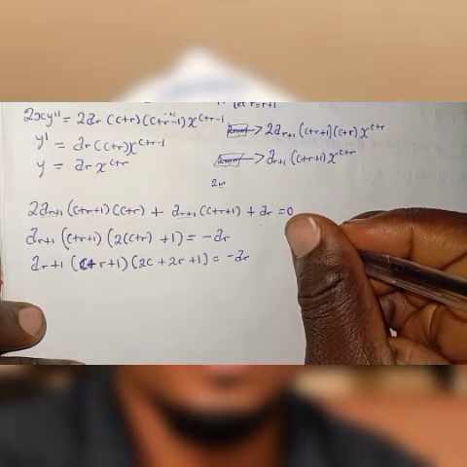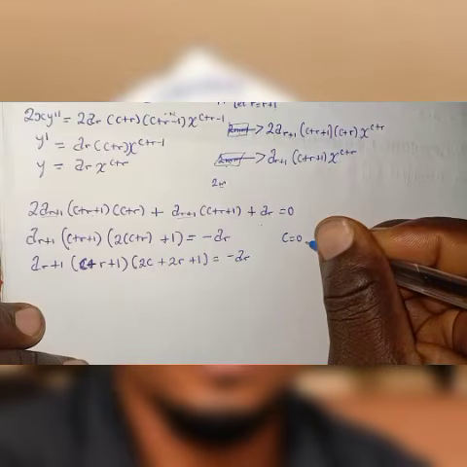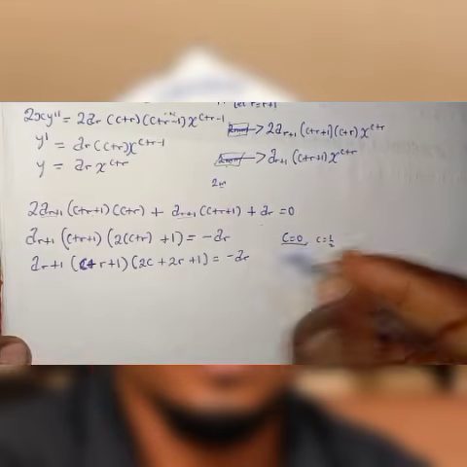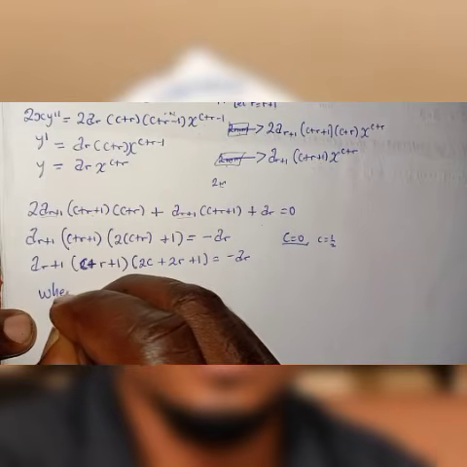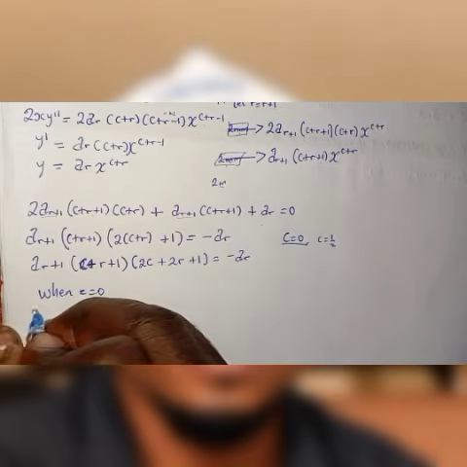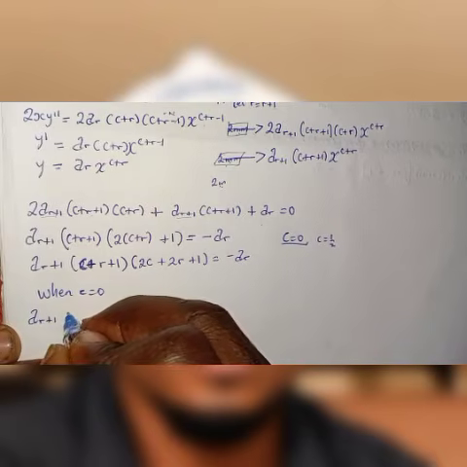Now remember, we got two values for c: c equals to 0, c equals to 1 over 2. So let's start with when c equals to 0. So when c equals to 0, if I put c here, so I have a_{r+1}.